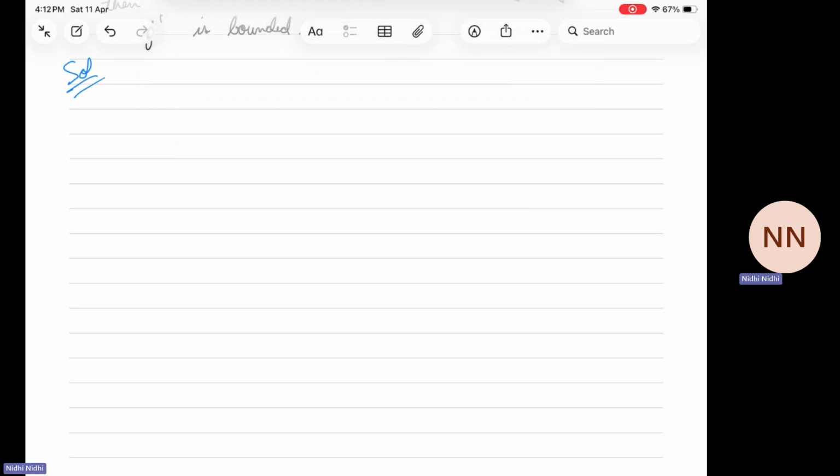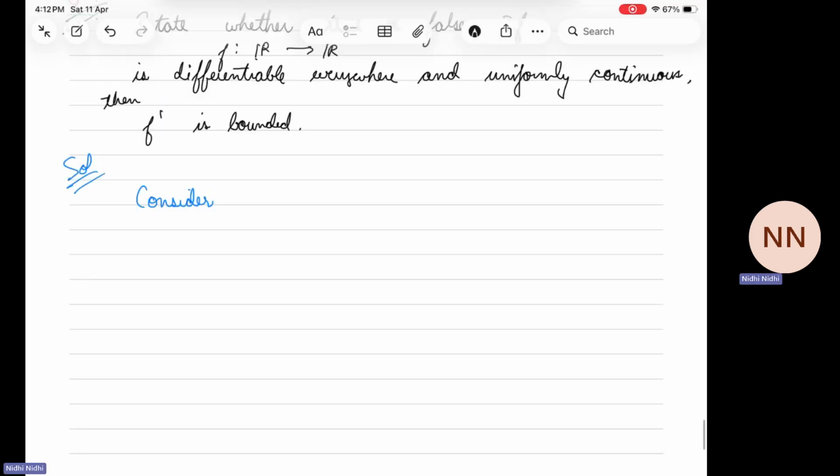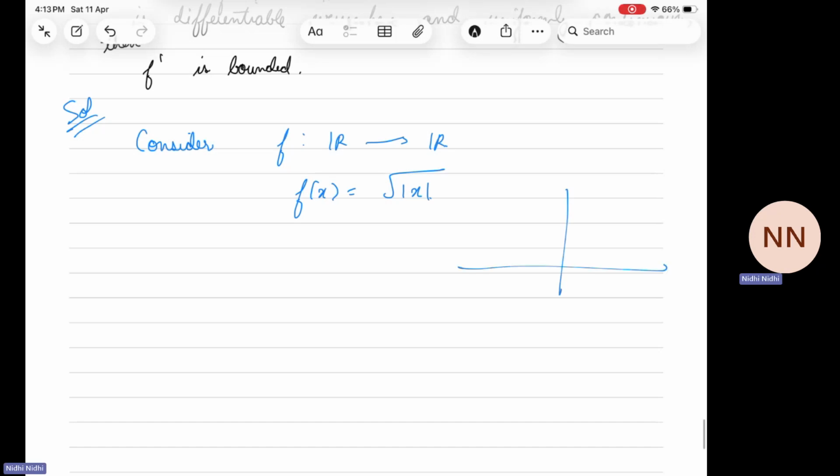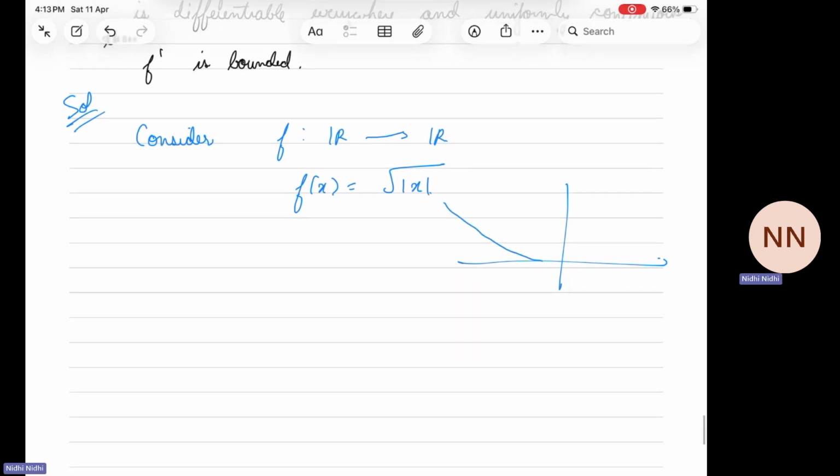Consider the function f from R to R, f(x) to be root mod x. So if you want to plot this function, this will be something like this only.